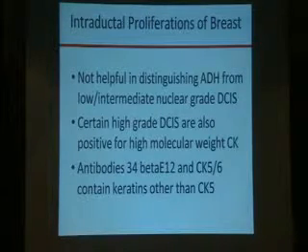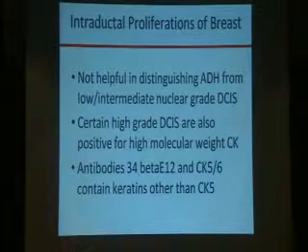So in general, for ADH versus DCIS, immunohistochemistry has no role because these are cytologically identical cells. So in terms of low-grade lesions, is it an ADH or DCIS? Let me do immunohistochemistry is the wrong approach. If the differential is hyperplasia without atypia versus DCIS, yes, you can use these markers.